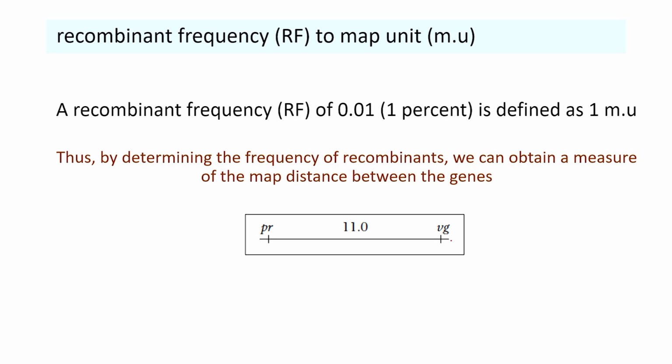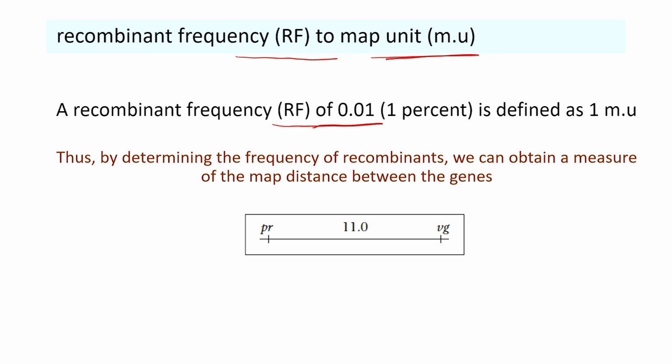Now you see the new use of recombination frequency: we are using it to tell the distance, to learn how far or how close two genes are to each other. The one thing you need to remember is the relationship between recombination frequency and map unit.